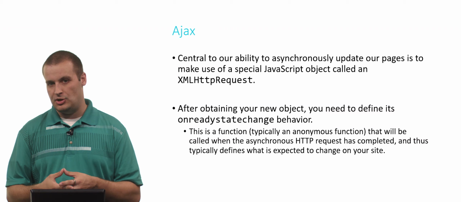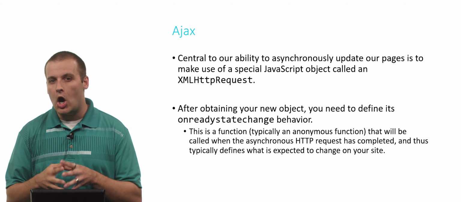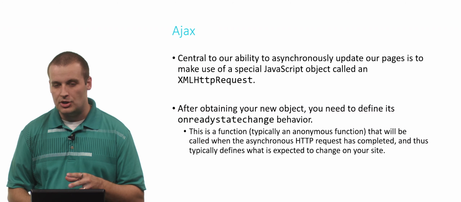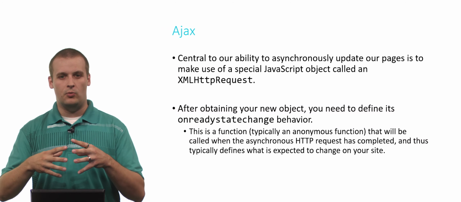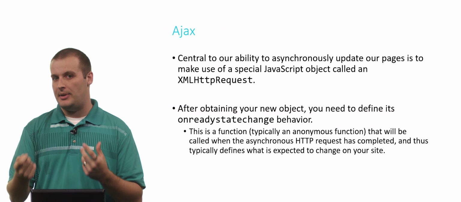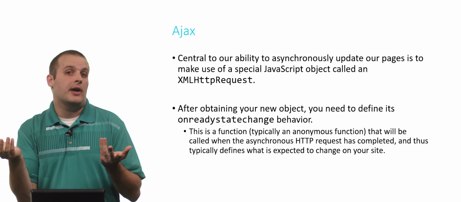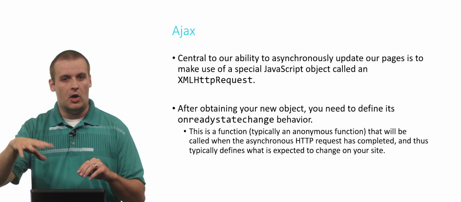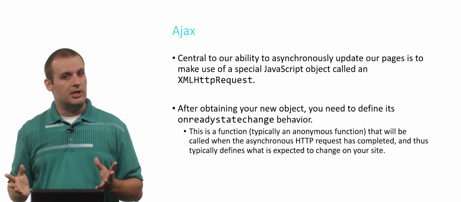Once you've created the object, the first thing you have to do is define an onreadystatechange behavior. onreadystatechange is really just a wordy way to describe the steps that are happening when you visit a page. For example, you refresh the page, it all goes blank for a second, then some of the data starts to populate, and then it stops refreshing and you're ready to go.